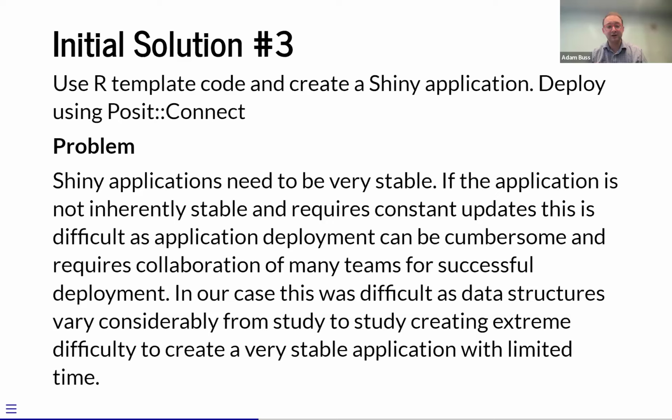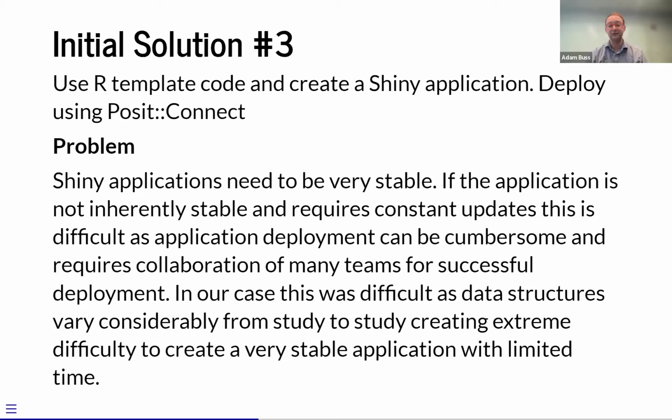And in my experience, Posit Connect and deploying applications can be very time consuming and usually requires a bunch of different cross-functional teams in order to have successful deployments. So I felt like Shiny applications need to be very stable. It was going to be hard with our current infrastructure to create a stable application that wouldn't require constant updates.